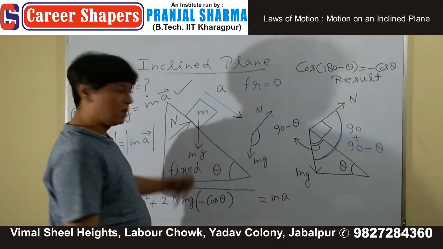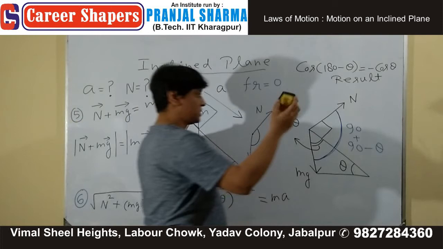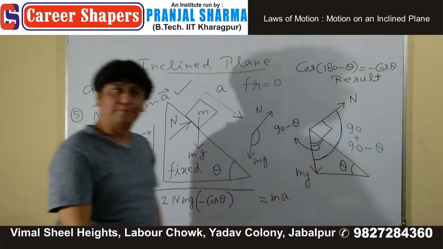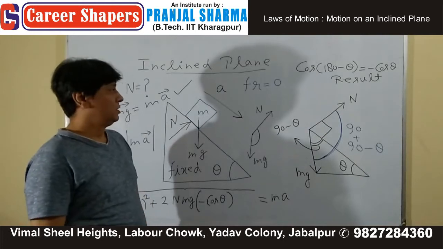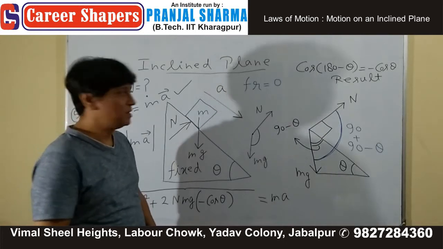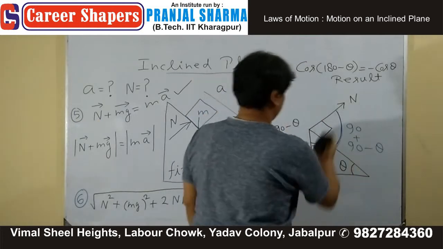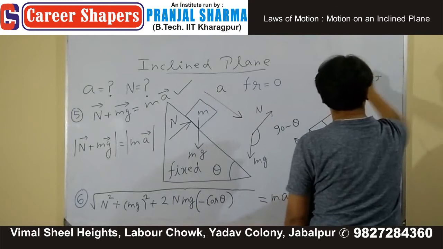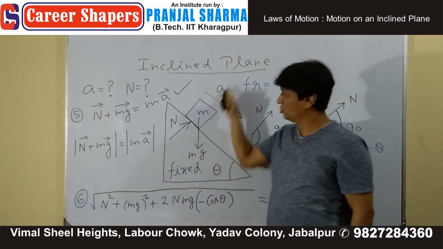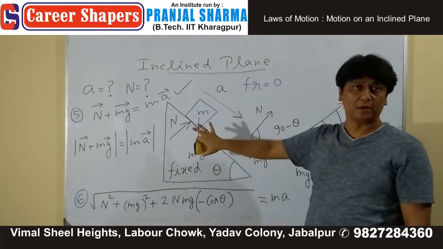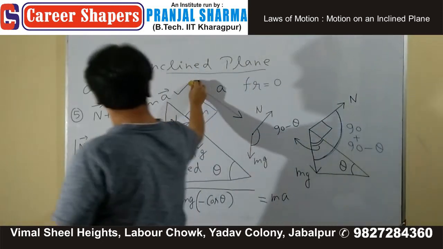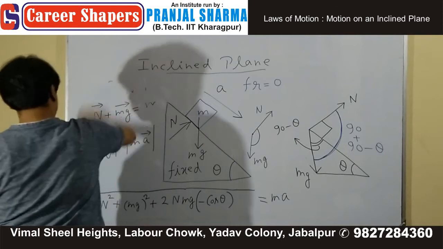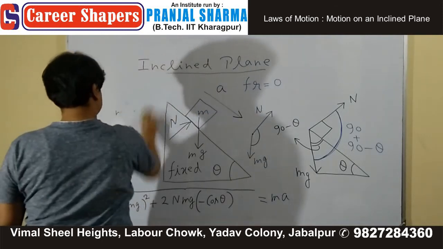Now let's solve this question with the help of two-dimensional approach. कहां सीखी थी हमने टू डायमेंशनल अप्रोच? प्रोजेक्टाइल मोशन में. प्रोजेक्टाइल मोशन में मैंने आपको क्या बताया था कि भाई अगर चीजें 2D में है, 2D in a plane, whenever you see things in 2D, we resolve them along x and y axis.